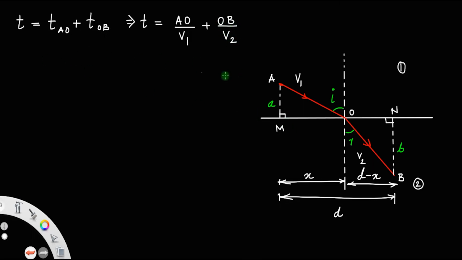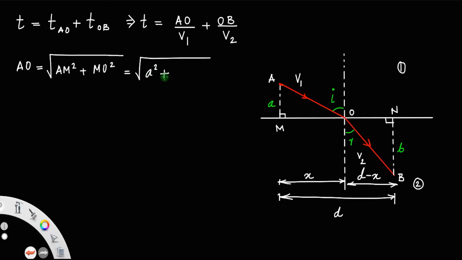Now, since AMO is a right-angled triangle, AO is equal to root of AM square plus MO square. We took AM equal to a, and MO as x, so AO is root of a square plus x square.